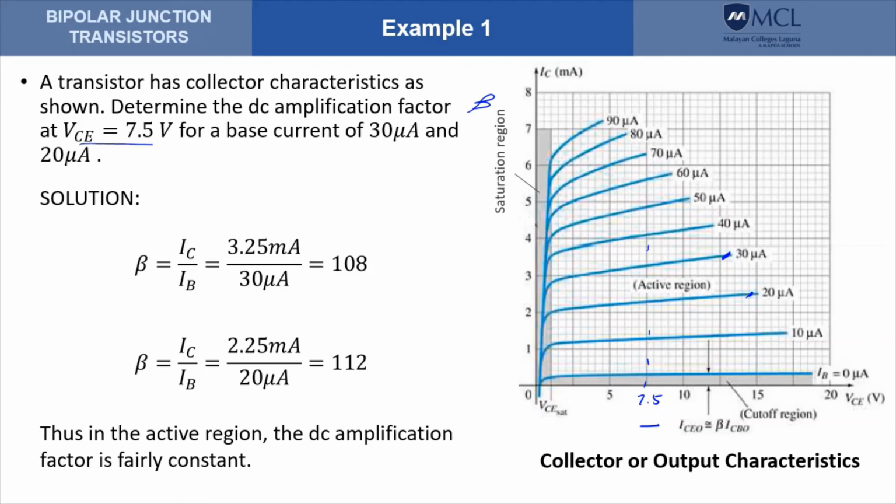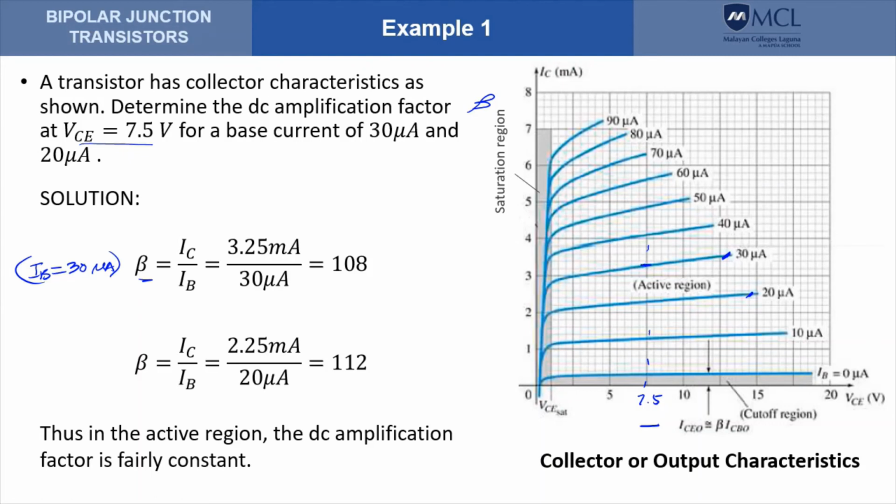So for base current equals 30 microamps, the beta would be I sub C at 7.5 volts of V sub CE, and that would be this one.